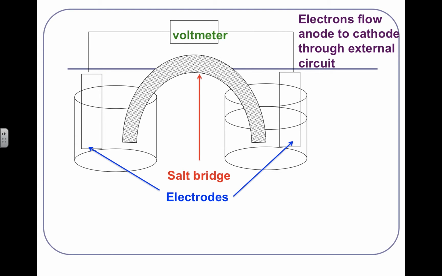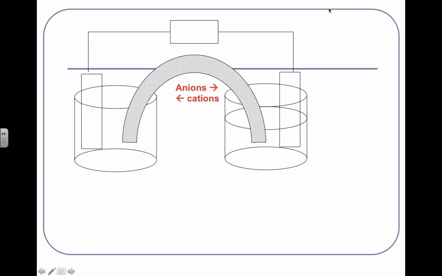Okay, so your electrons are going to flow through the electrodes from anode to cathode through this external circuit. And so we're going to add to our picture a little bit. Let's call the cathode the one on the left and the anode the one on the right. It doesn't have to be, but it will be here.